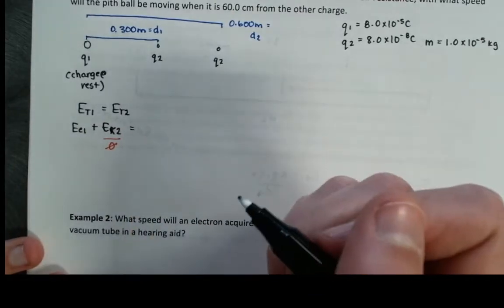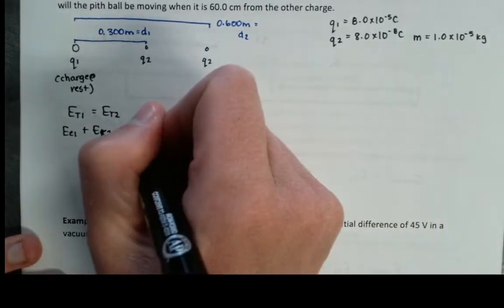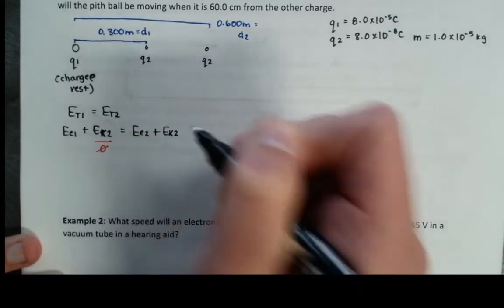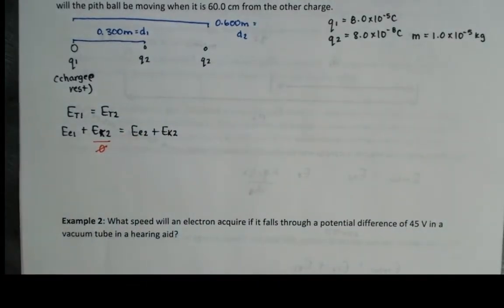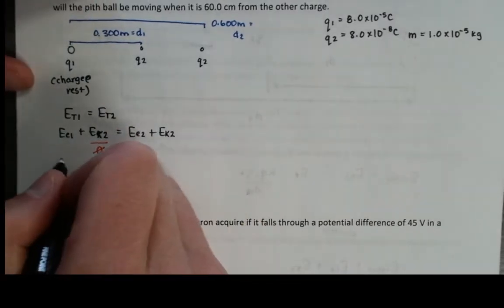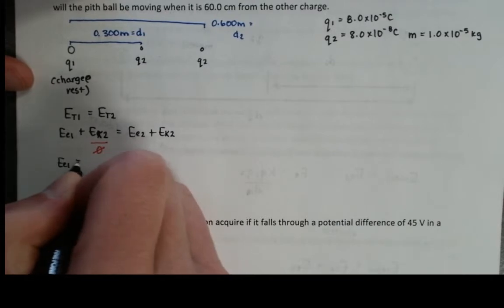At our second stage, we're still going to have electric potential. We're also going to have some kinetic energy because we're trying to find the speed. If we're trying to find the speed, that must mean there is some kinetic energy because it's moved. Now, because we're going to be trying to get EK2 by itself, let's rewrite this.